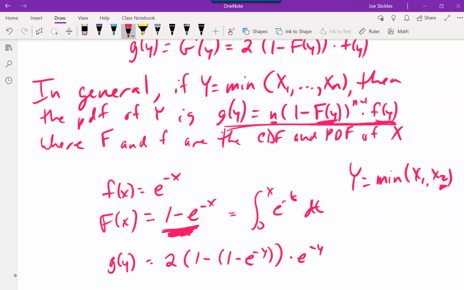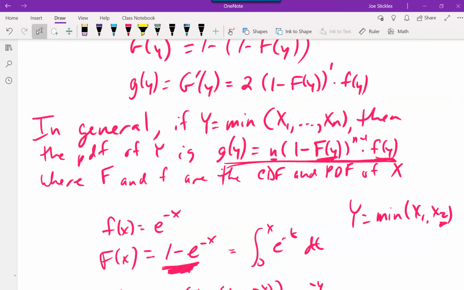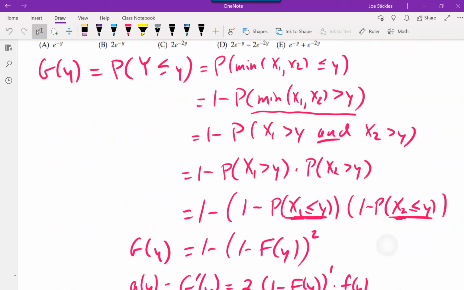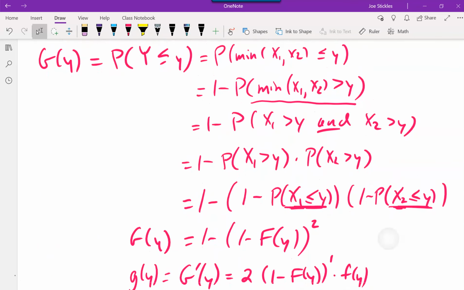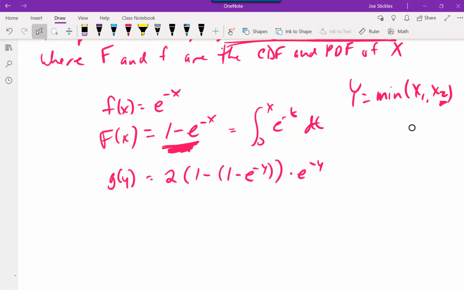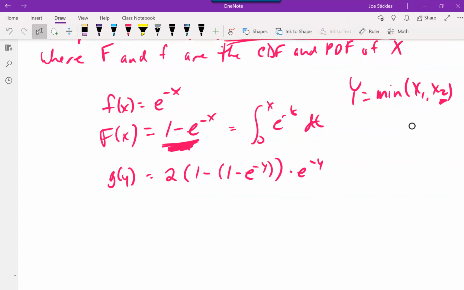So that goes back to where we did the probability of y. Is that why we plugged in the little y? That's why we're plugging in the little y, yeah. Yep, that's fine. So what does this become if we simplify this? You get 2e to the minus 2y.